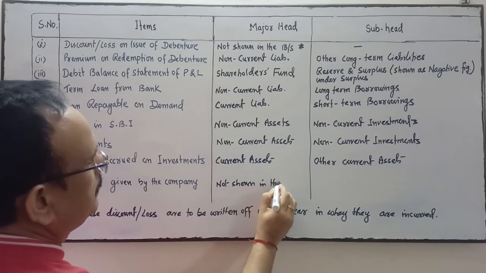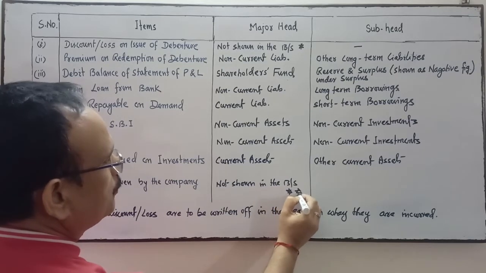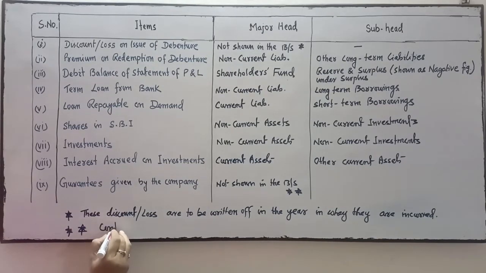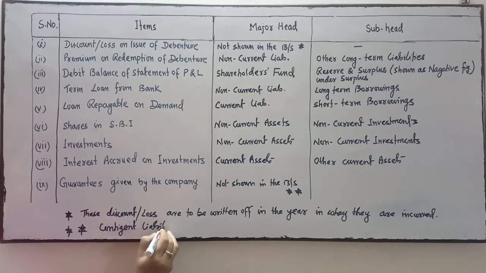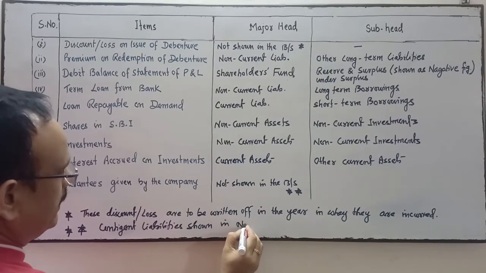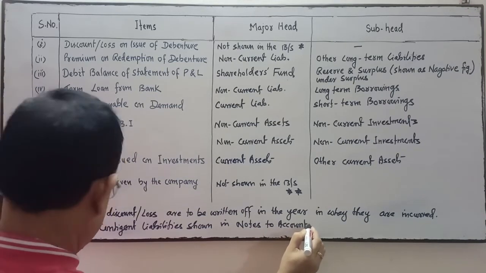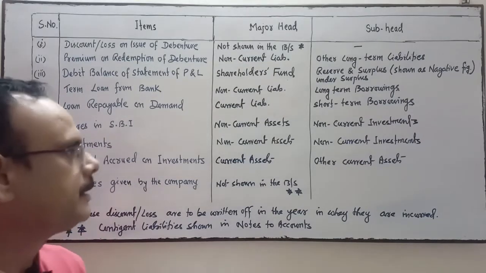It is shown by giving two stars and writing under the two stars, in the notes to accounts, in the footnote. Is it clear?